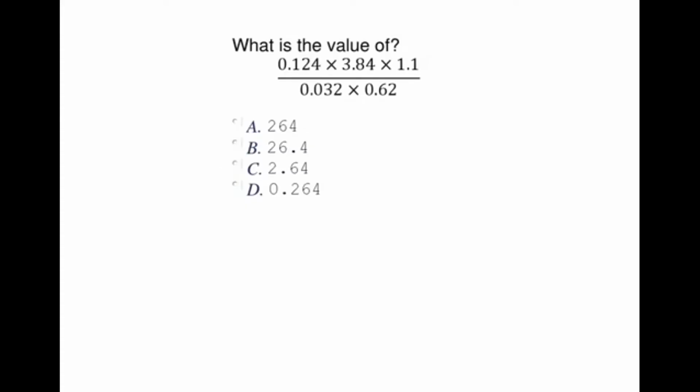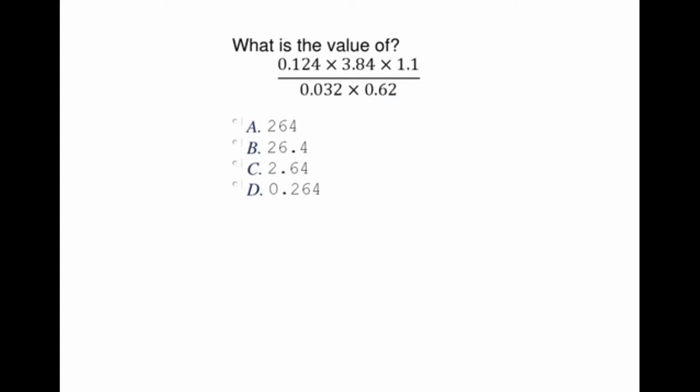What is the value of 0.124 multiplied by 3.84 times 1.1 divided by 0.032 multiplied by 0.62?